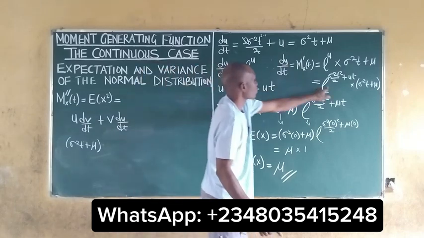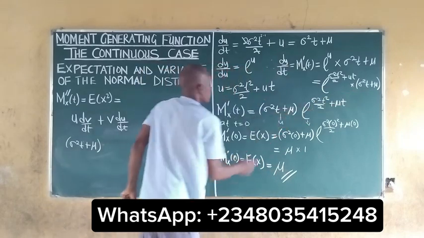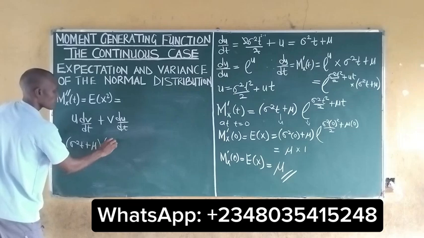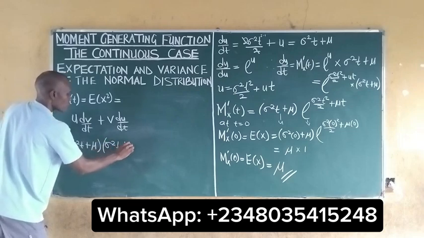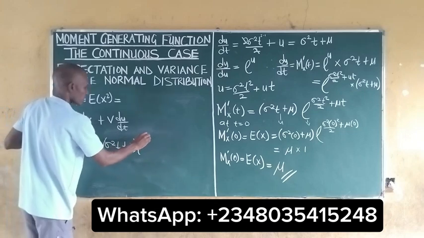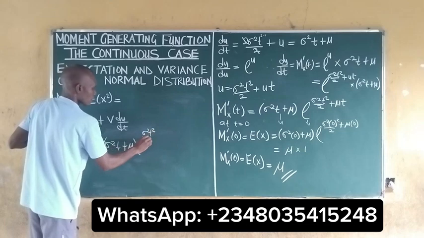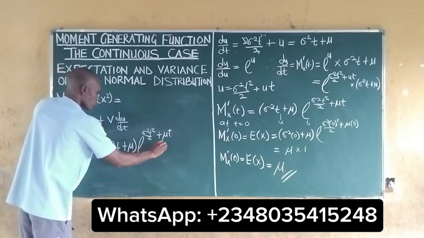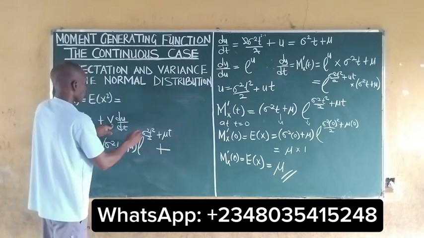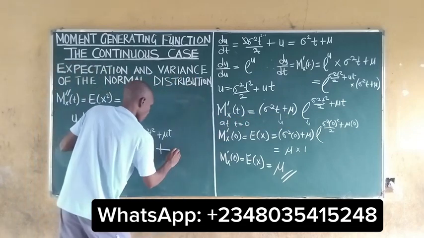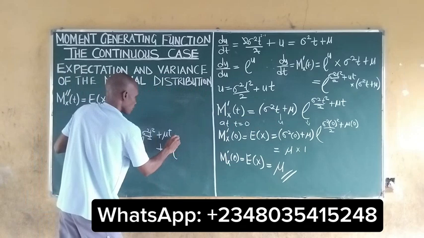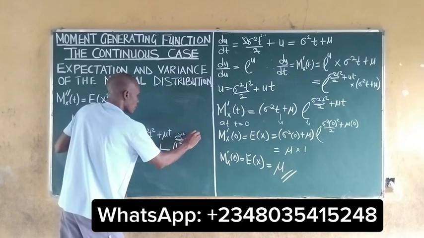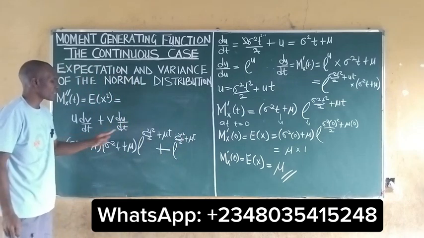So it means multiplied by sigma squared t plus mu, exponential sigma squared t squared over 2 plus mu t, plus v. What is our v? This is our v.